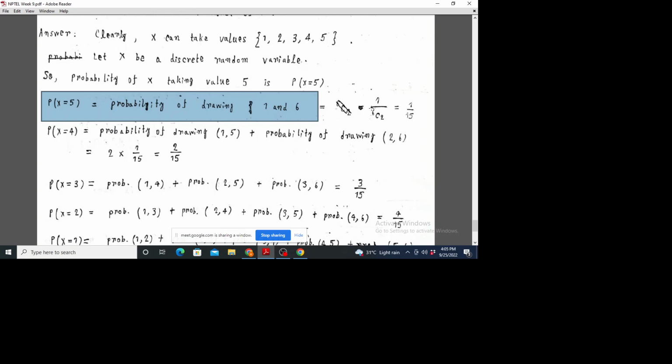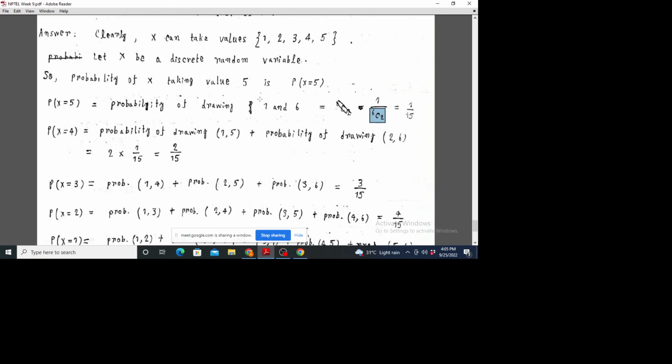That is 6C2, choosing 2 from 6 distinct objects. Out of these 6C2 possibilities, you have to draw only one, that is 1 and 6.